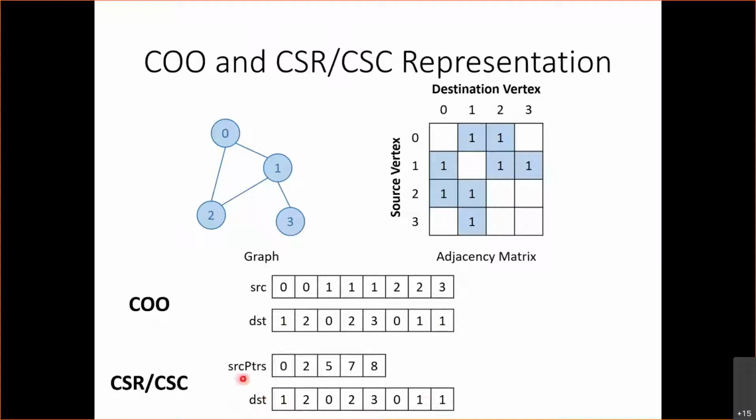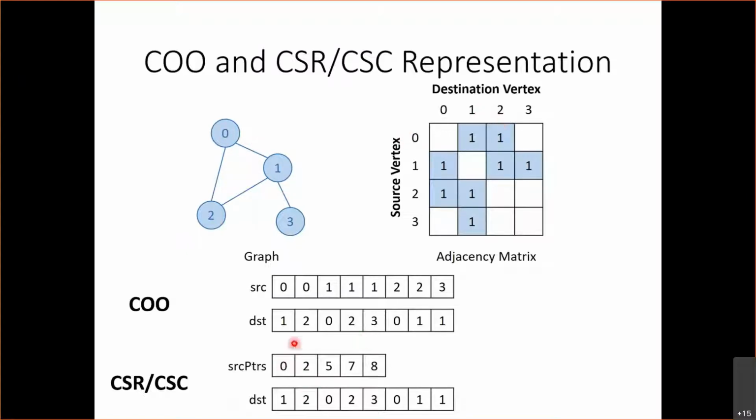So here what this is saying is that for the source vertex 0, its edges begin at index 0 in the destination array, and they end at 2, because this says here that the vertex 1, its neighbors begin at 2, which means that source vertex 0, its neighbors are going to go from 0 to 2, not including 2. So source vertex 0 will start at 0, and its neighbors are going to be 1 and 2. As we can see, 0's neighbors are 1 and 2.